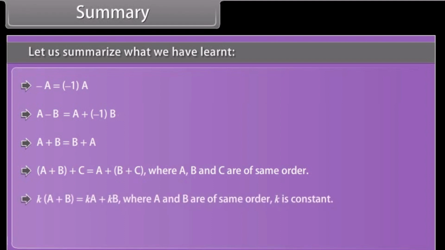K into A plus B is equal to K into A plus K into B, where A and B are of the same order and K is a constant. K plus L into A is equal to K into A plus L into A, where K and L are constants.